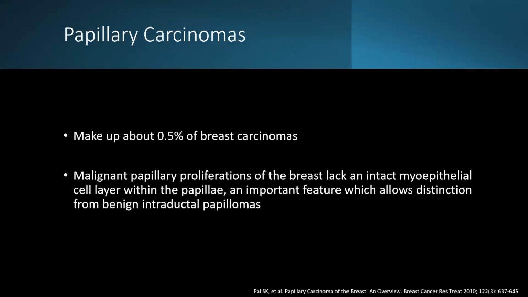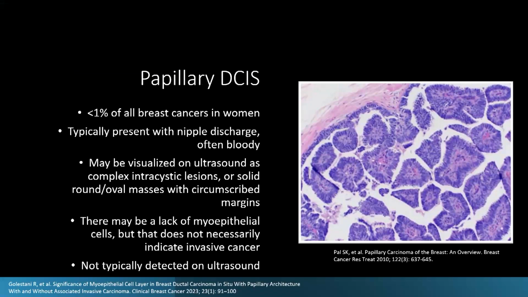What about these papillary carcinomas? They're less than 1%, about 0.5%, of breast cancers. The papillary proliferation of the breast as cancer doesn't have an intact myoepithelial cell layer. And that's an important feature to distinguish it from a benign intraductal papilloma. But they're a small percentage of breast cancers. Looking at papillary DCIS, less than 1% of all breast cancers in women.